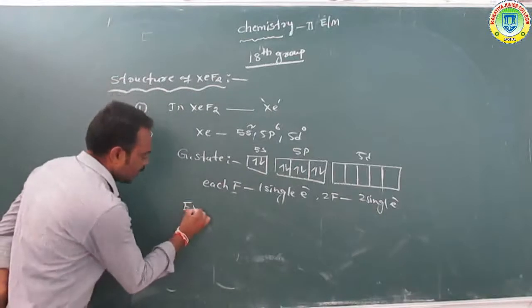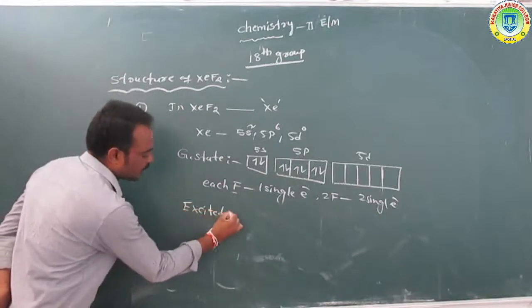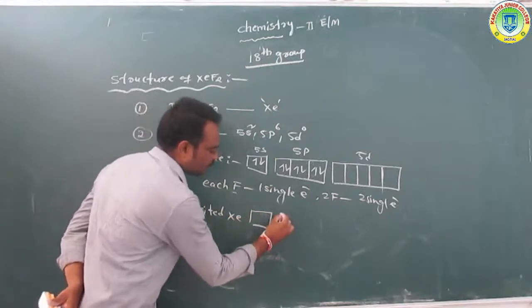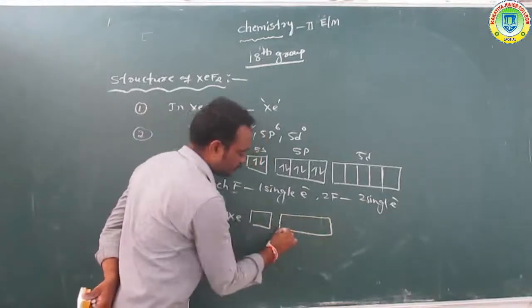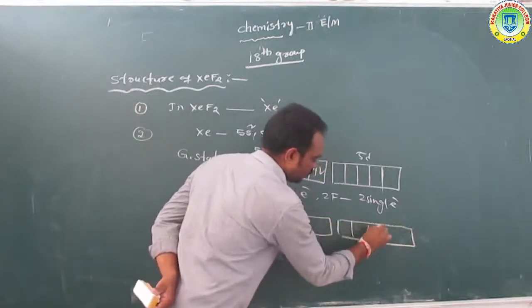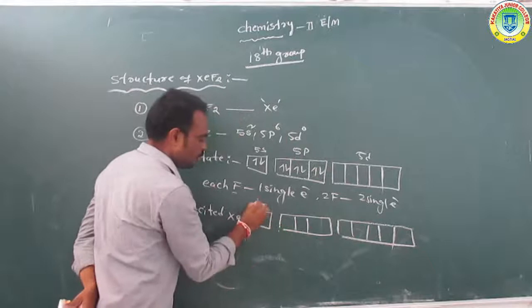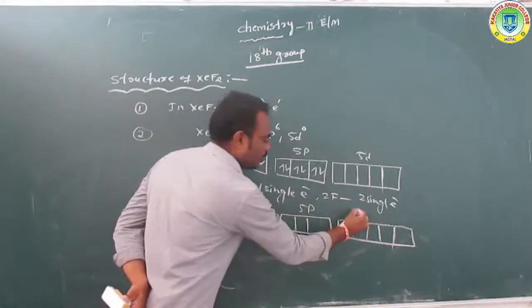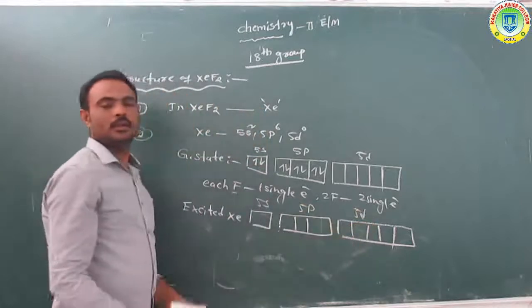In the excited state of xenon, 5s orbital, 5p orbital, 5d orbital.